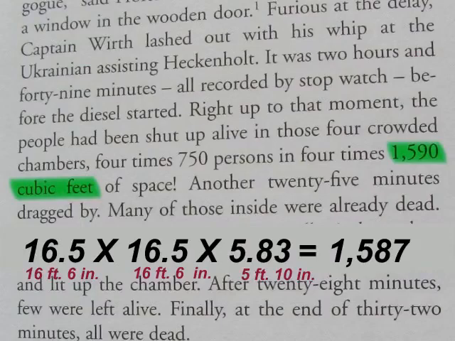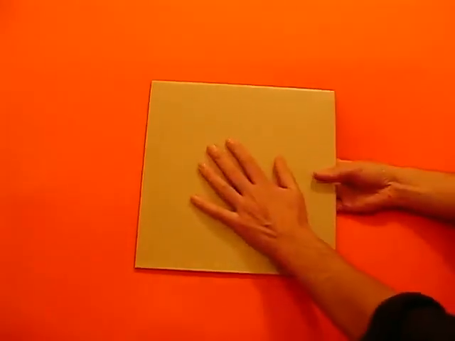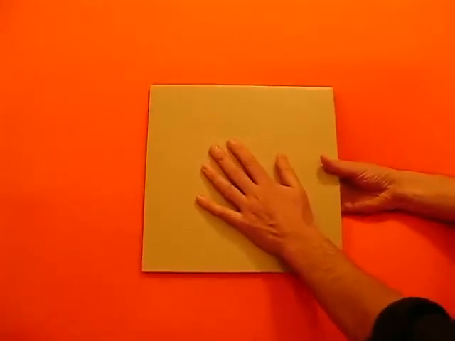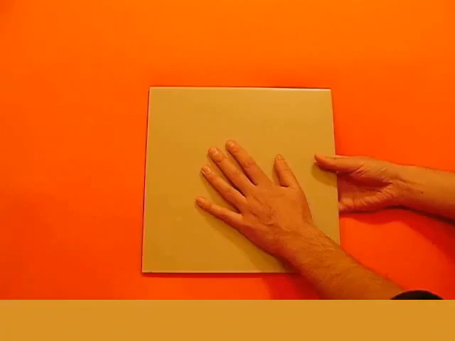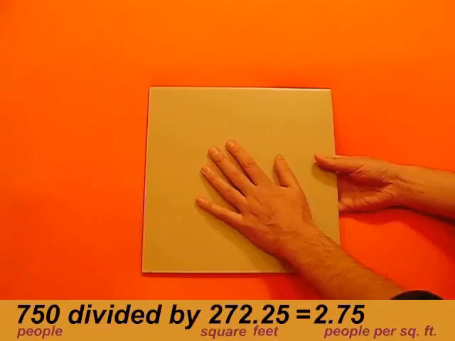And in that space it would be almost 3 people per square foot. So the chest and shoulders area of nearly 3 people would have to roughly fit into this much space. This tile is 11.5 by 11.5 inches.